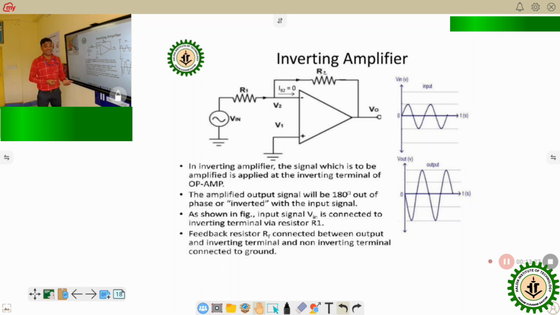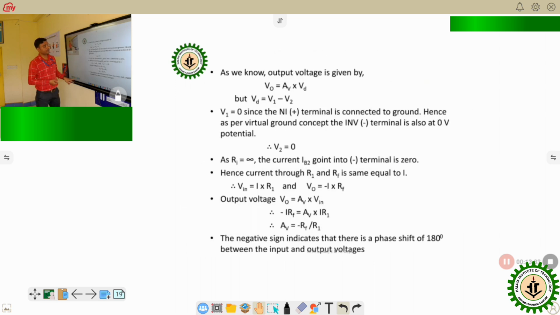That gain is defined by the two resistances R1 and R2, the feedback and input resistances. This is a simple calculation, and we are not explaining it here. We get the gain factor Av, which is minus Rf by R1, the ratio of the feedback resistance to the input resistance.